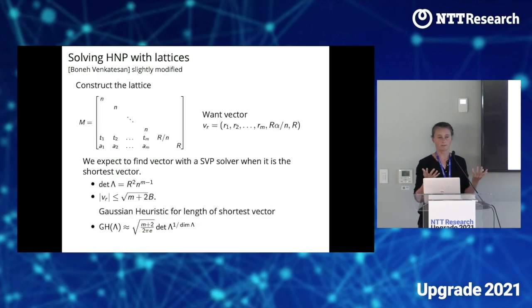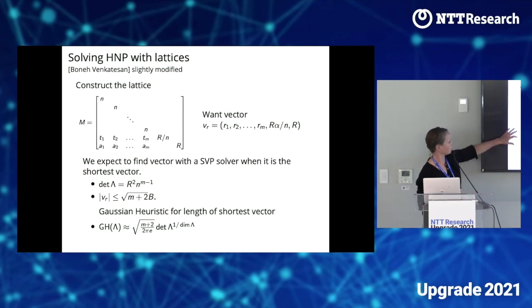In order to verify that this works, we can compute some of the parameters of this lattice. We can compute the determinant of the lattice. We know the length of our target vector based off of the bound on the size of the elements that we're looking for. And then we can ask for the expected length of the shortest vector in a random lattice using the Gaussian heuristic.